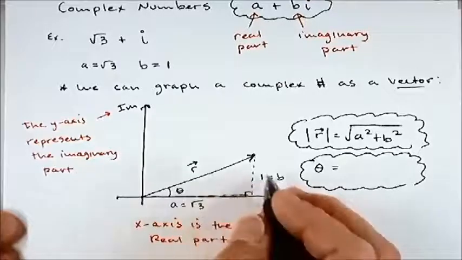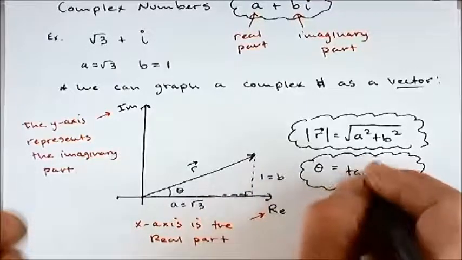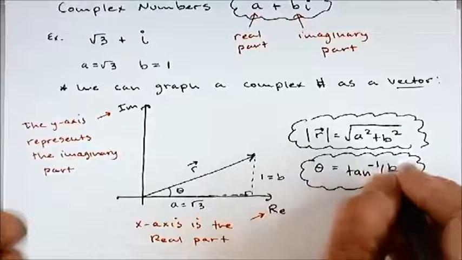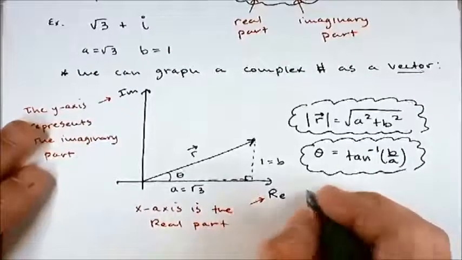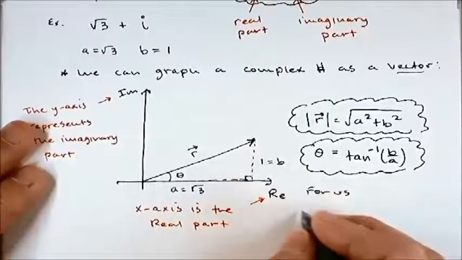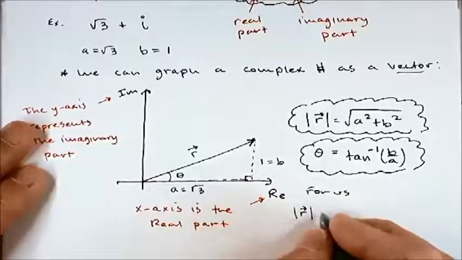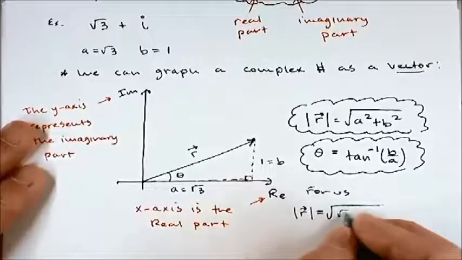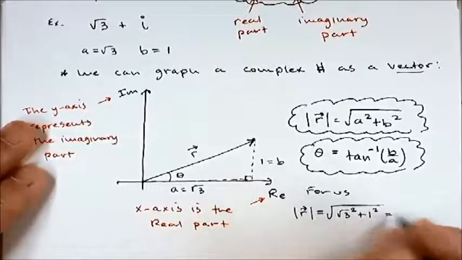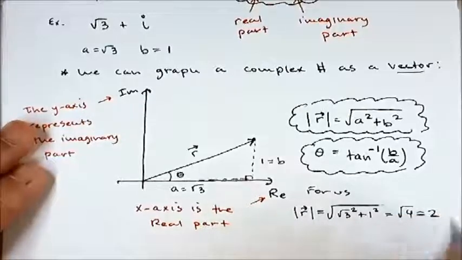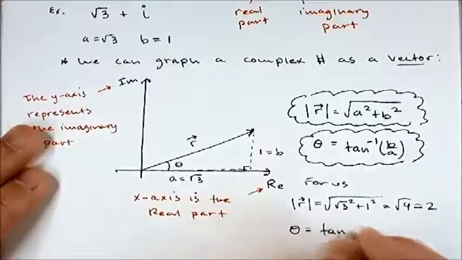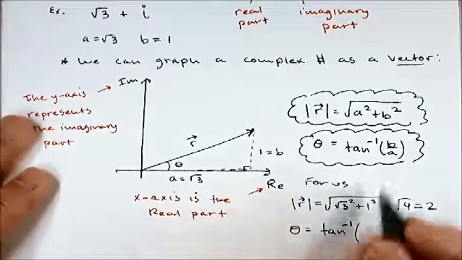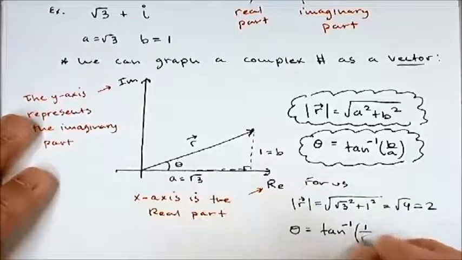The tangent of theta is b over a, which means theta could be expressed as the inverse tangent of b over a. So for us, the magnitude of r is the square root of root 3 squared plus 1 squared, which is the square root of 4, which is 2. And theta is the inverse tangent of b over a, of 1 over root 3.